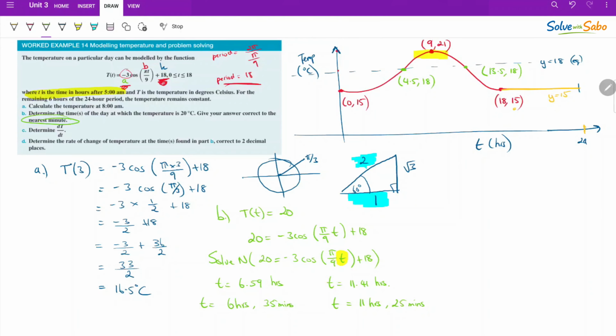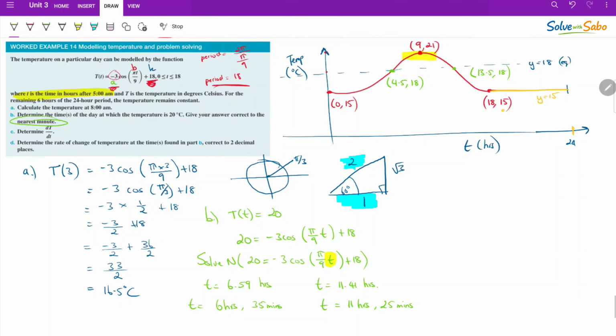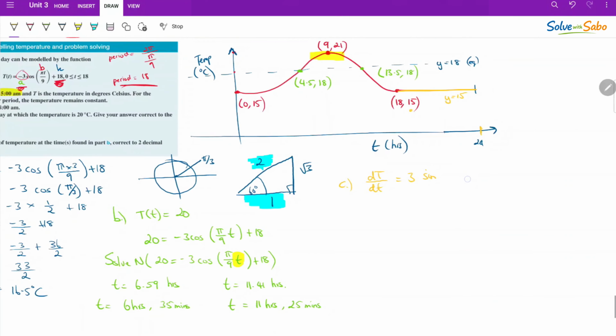Part C, we'll do that in yellow over here. Determine dT/dt. Okay, nice and easy. dT/dt is equal to, well, just doing the derivative of that function. Derivative of cos is negative sine, while negative of -3 is positive 3. Sine, move it over a little bit. I don't touch absolutely anything about my angle inside the bracket.